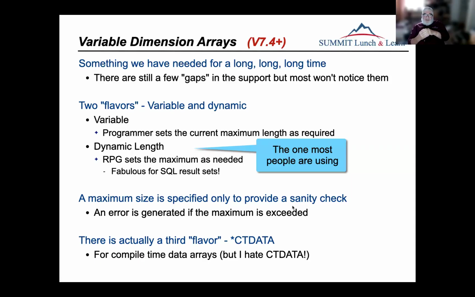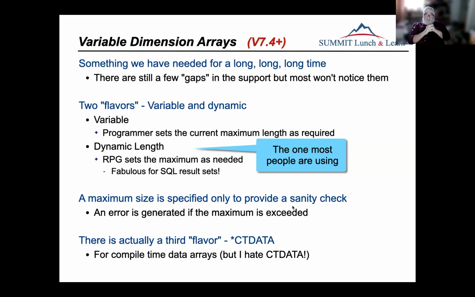For example, if you have an array that you expect to be in the 50 to 100 element range, it makes sure you don't get runaway logic that suddenly puts 10,000 in there. So it's a sanity check value.